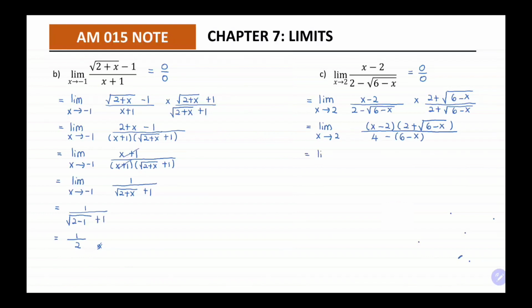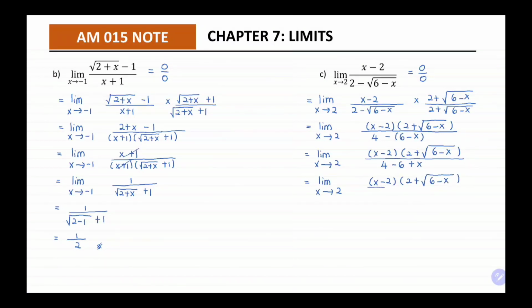Then we solve, limit x approaches 2, (x - 2)(2 + √(6 - x)) divided by (4 - 6 + x). Then we get limit x approaches 2, (x - 2) times (2 + √(6 - x)) divided by, 4 minus 6 we get negative 2, so (x - 2).